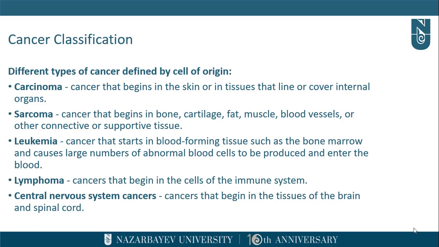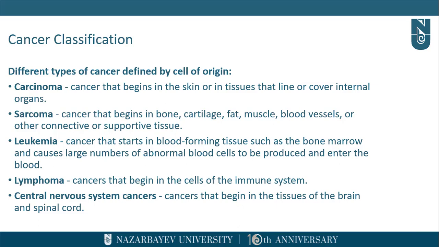Carcinoma means that it develops from epithelial cells, that is, the cells that make up the skin or tissue lining organs like kidney or liver. And sarcoma is a cancer that begins in the bones and in the soft tissues, like connective tissues, be it bone, cartilage, fat, or vascular tissues.